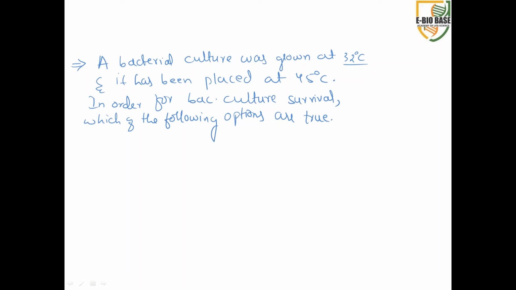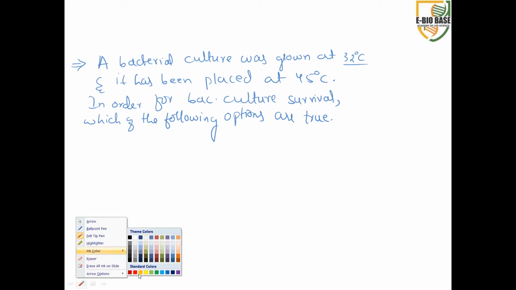In order for the culture to survive, it has to live happily at 45 degrees Celsius. Before answering, remember one thing: fluidity should not exceed, and it should not be too rigid either. It should be balanced. Then only will integrity be achieved and the bacteria survive. Keeping this in mind, we'll solve this.